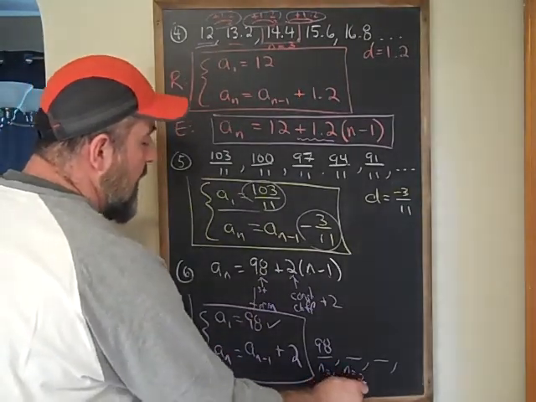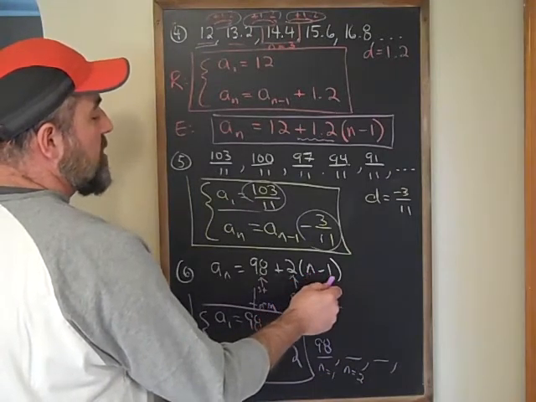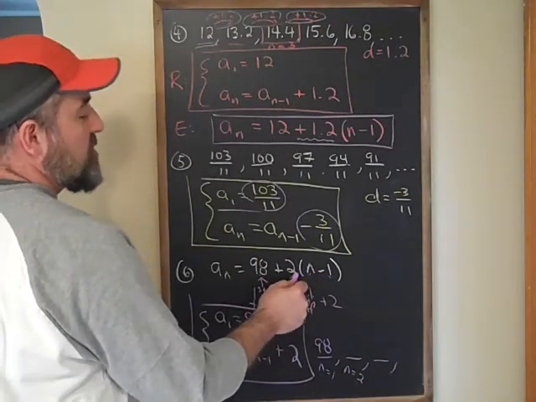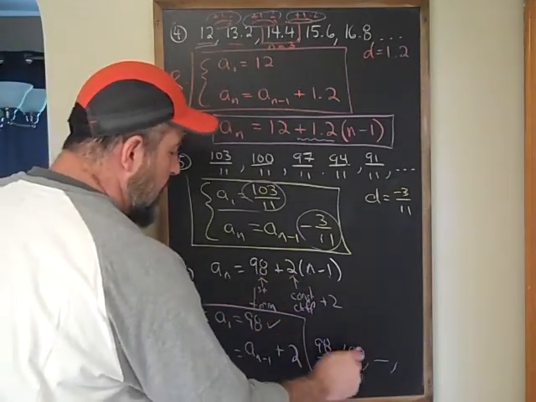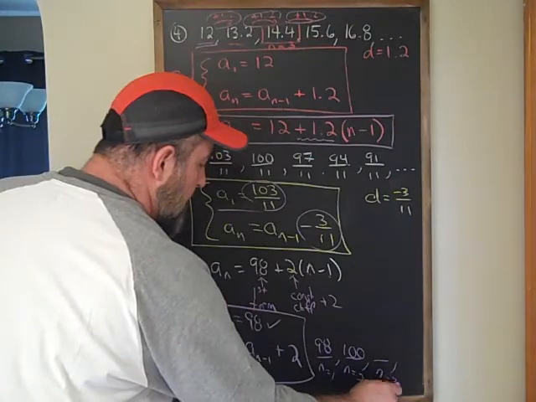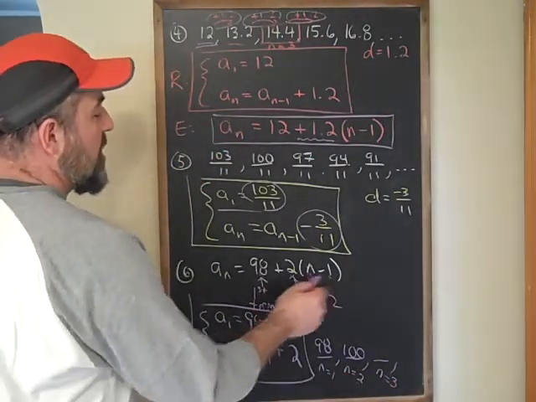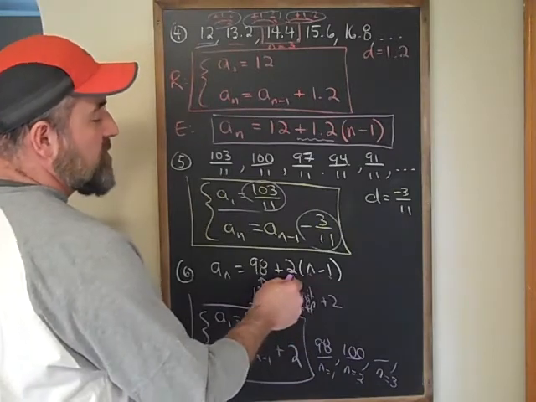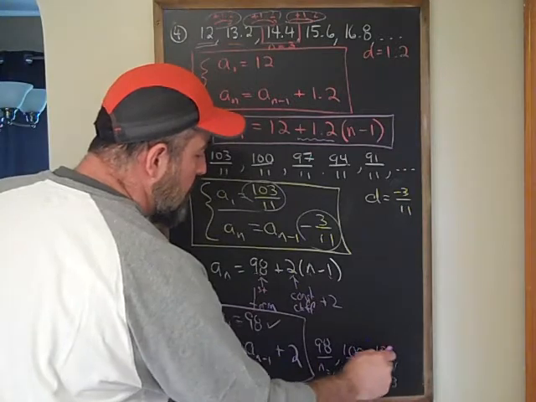The second term happens when n is 2. So if I put 2 in here, 2 minus 1 is 1. 1 times 2 is 2. 2 plus 98 is 100. And let's get the third term. So n is 3 for the third term. 3 minus 1 is 2. 2 times 2 is 4. 4 plus 98 is 102.